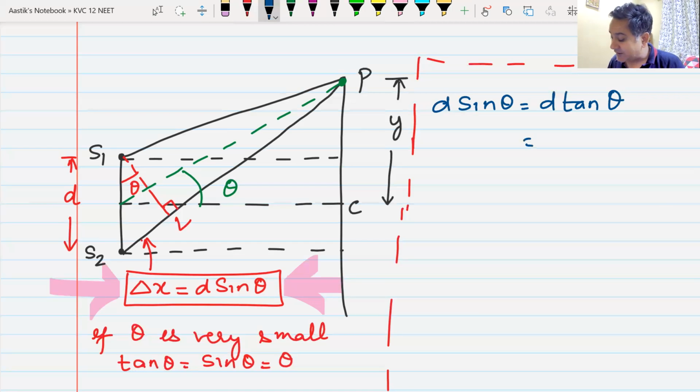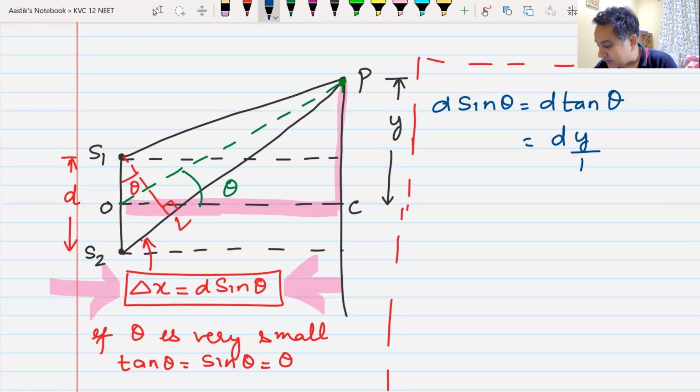And the value of tan theta, if you look closely, my dear friends, look at this PC line and this OC line, PC and OC, and look at the value of tan theta. You can tell me that, sir, the value of tan theta is y divided by capital D. Yes or no? Yes, sir. And that is your path difference.